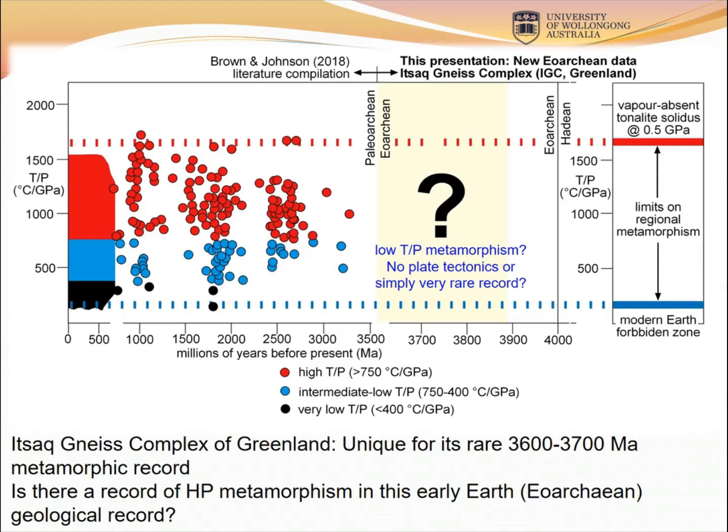So basically, we're interested in what sort of metamorphism is there? If, for example, one finds a low thermal gradient, in other words, low T/P metamorphism, then that would be an indication that maybe there wasn't plate tectonics with lateral movements of the lithosphere all that time ago.